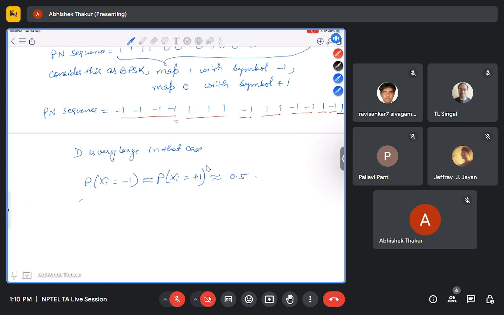The second property is the run length property.